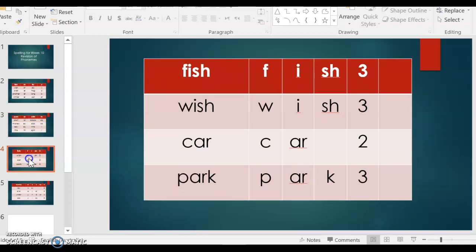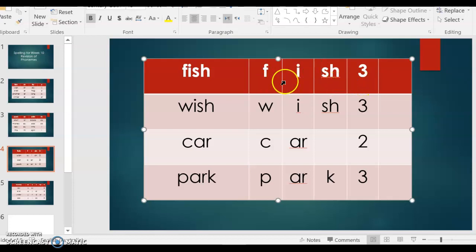Now we're going to do the phonemes. We're going to break some of the words down and we're going to put them in each box that contains one phoneme. So we're going to go fish, f, i, sh. Again, f, i, sh. And the reason we've put two letters in this box is because this is a digraph, so it belongs in one box.